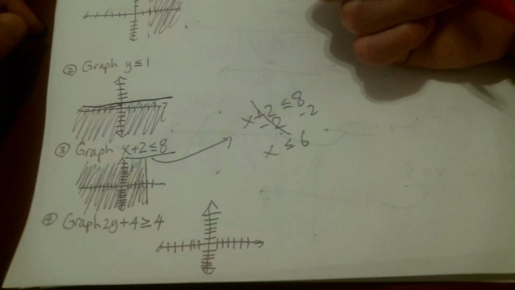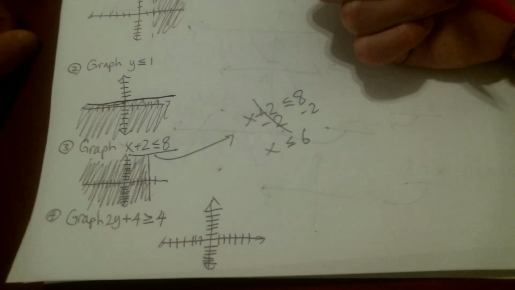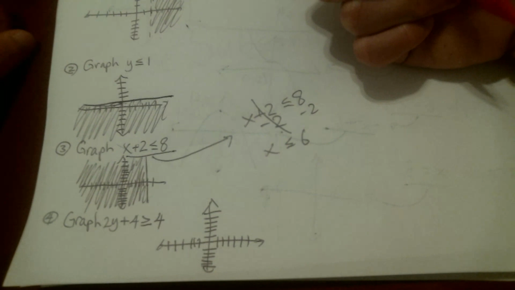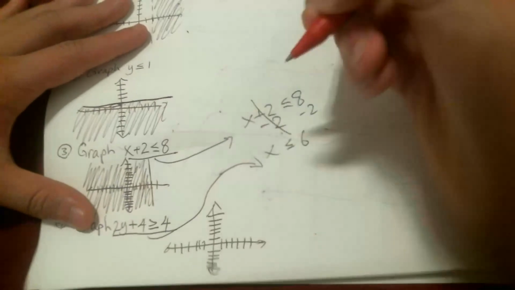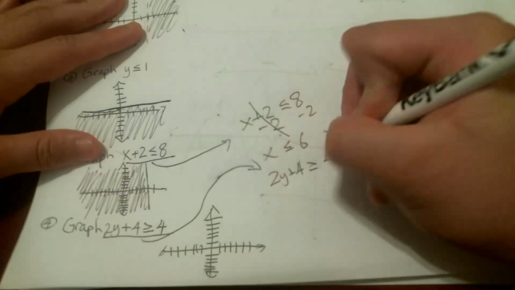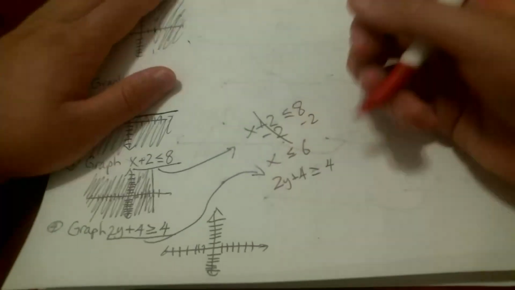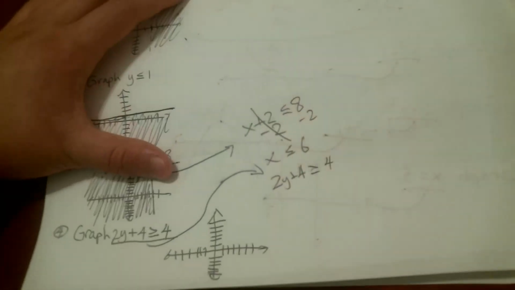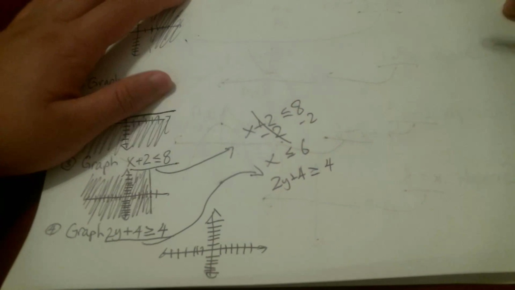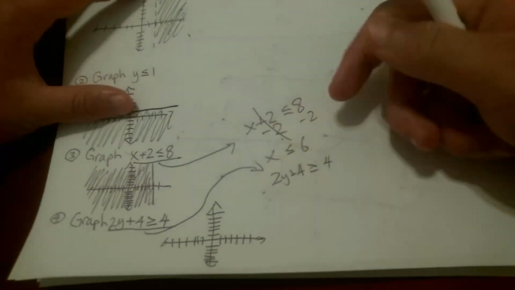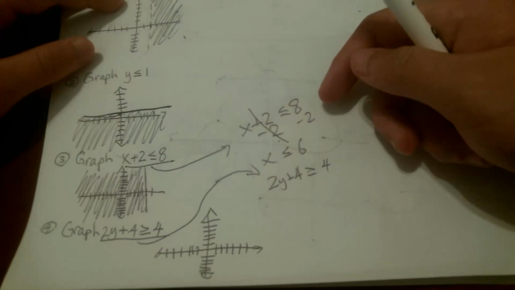Alright, let's do the very last one, the fourth one. This one asks to graph 2y plus 4 is greater than or equal to 4. So let me put it here, 2y plus 4 greater than or equal to 4. This one is sort of like the last one, but like I said before, we add a coefficient other than 1 here, and we also change the inequality.